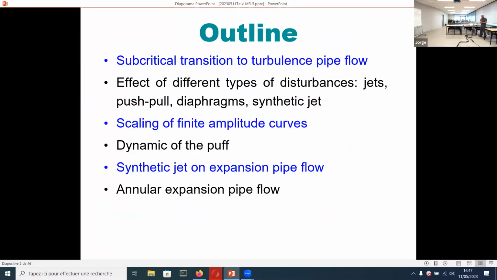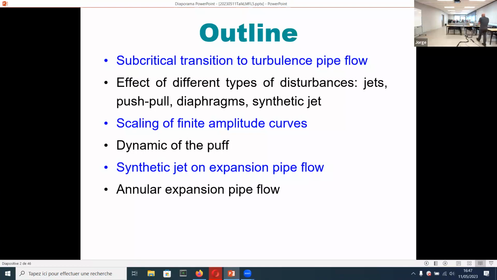Okay. So the outline of the talk is the following. I will first give an overview of subcritical transition to turbulence in pipe flow. I will tell you that pipe flow is linearly stable, and so to get turbulence, you need to introduce disturbances.